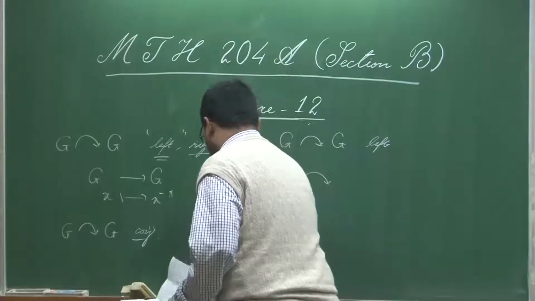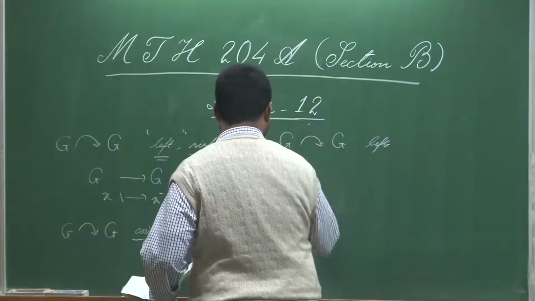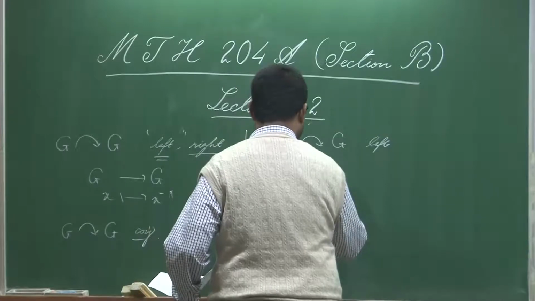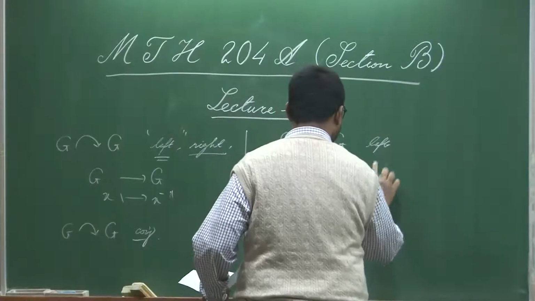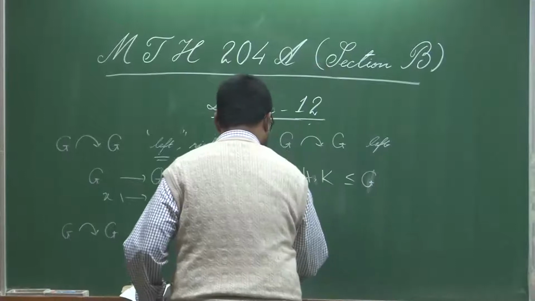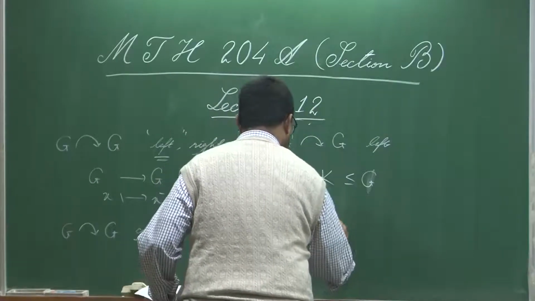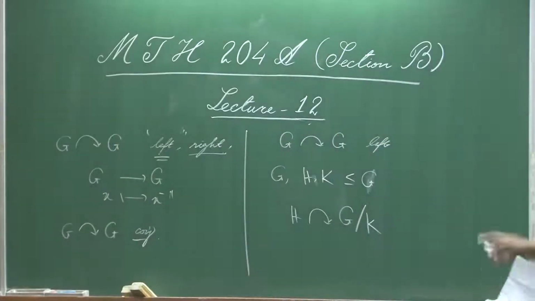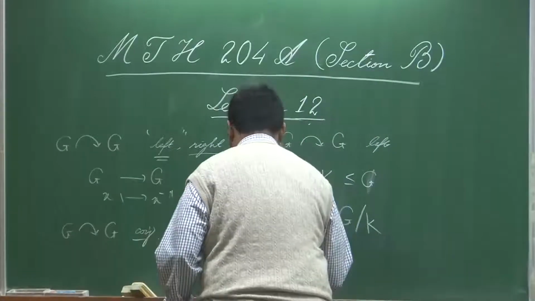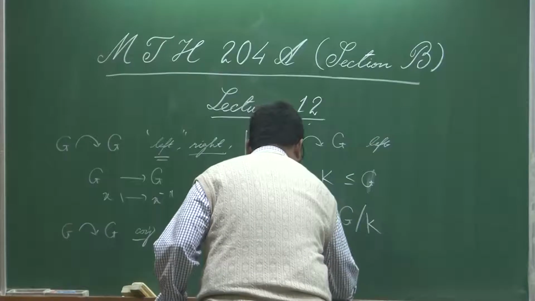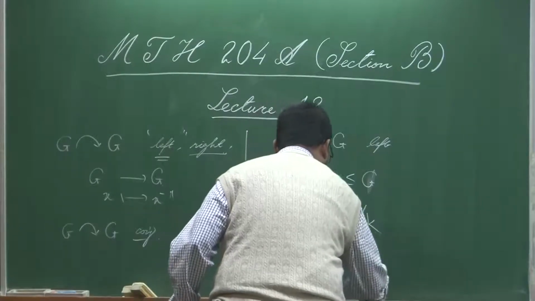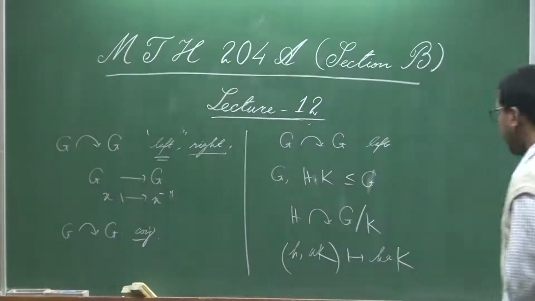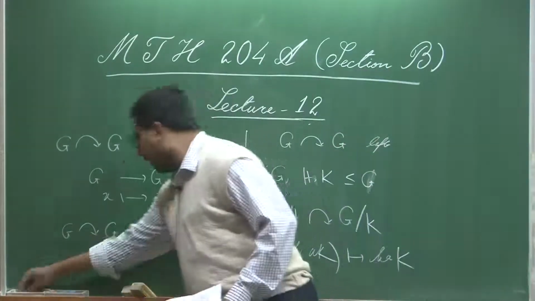In fact, let me put it in this way: given a group G and two subgroups H and K, one can consider the action of H on G mod K. How is this action happening? H comma aK goes to haK.